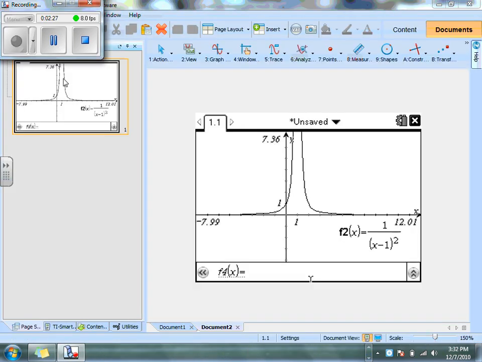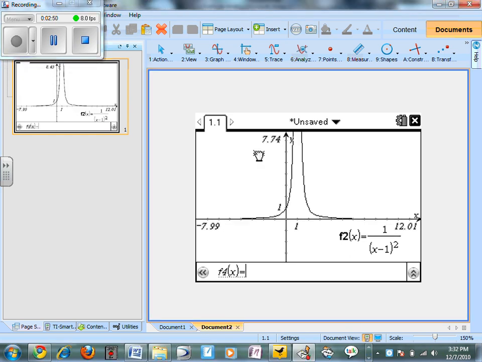Now let's look at the graph of 1 over x minus 1 squared. We wanted to look at the limit as x approaches 1 from both the right and the left. Well, just the limit as x approaches 1. We know that if the limit approaches the same thing from the left as it does from the right, the limit exists. So if we look as this function approaches 1 from the right, the y values get bigger and bigger and bigger.